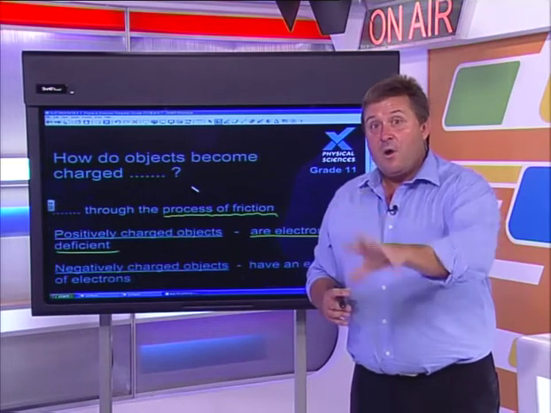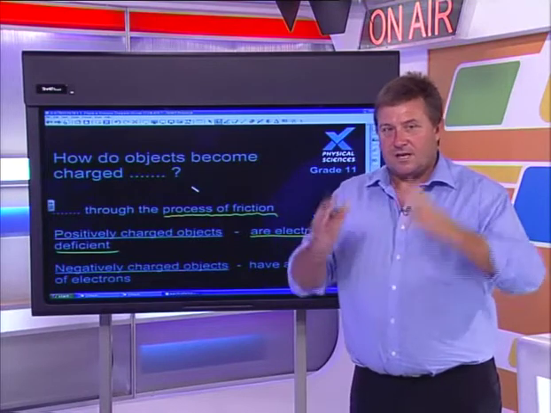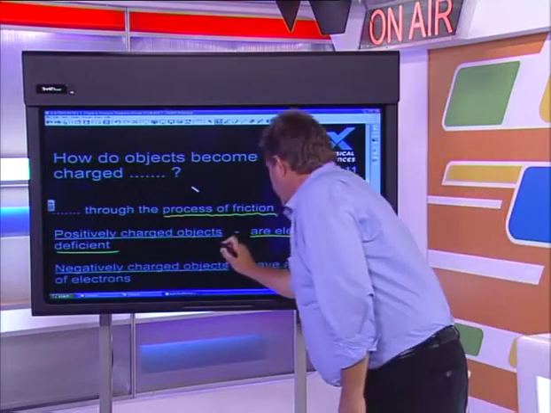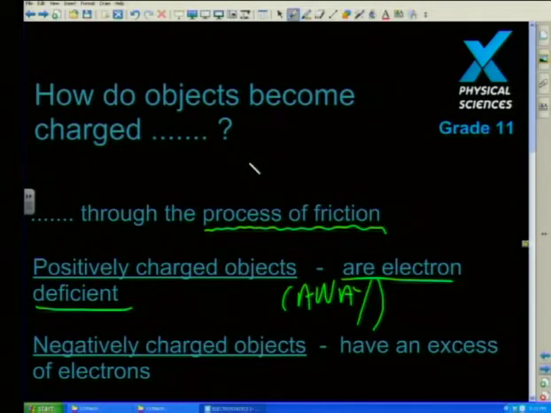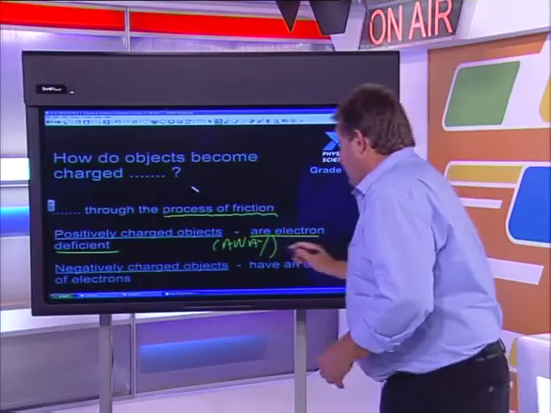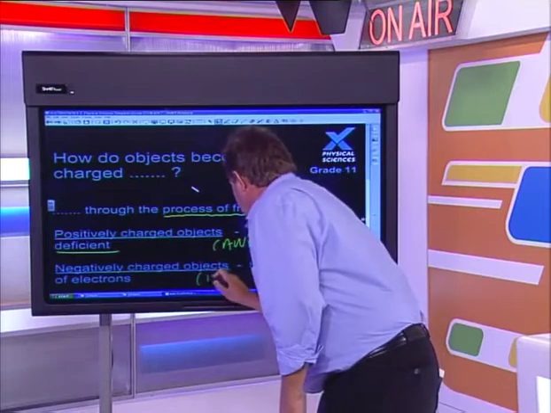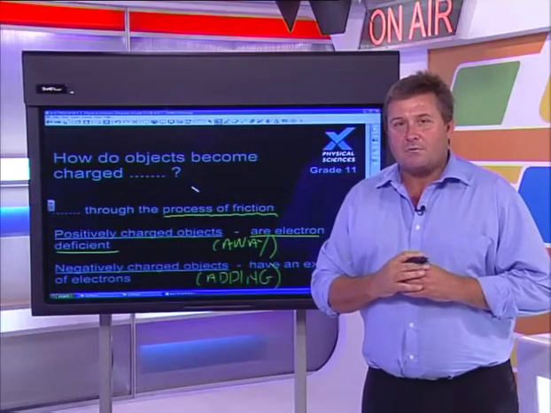Okay, either we are taking electrons away to make it electron deficient. So here we're taking electrons away from the object to make it deficient. Or if we're now making it a negatively charged object and we have an excess of electrons, we are adding electrons to the object.